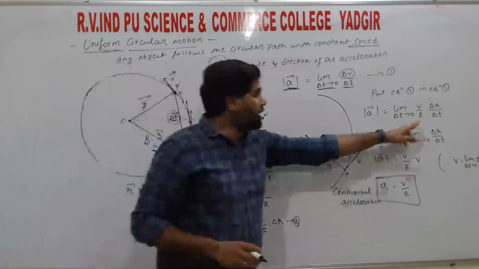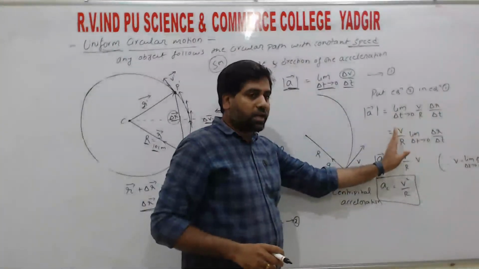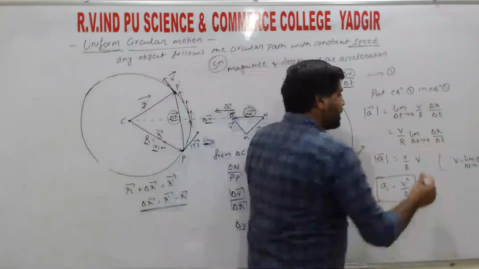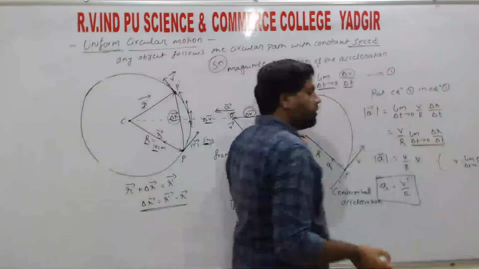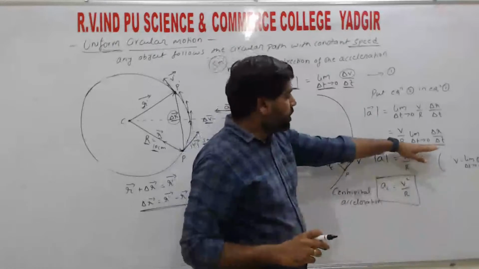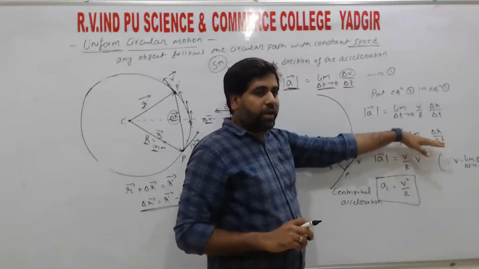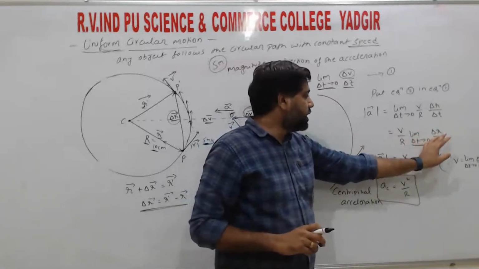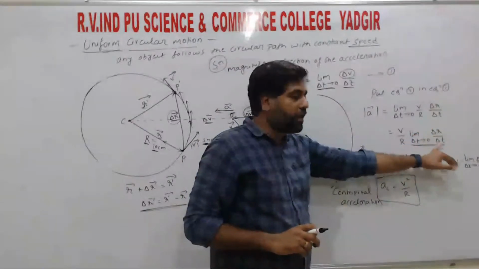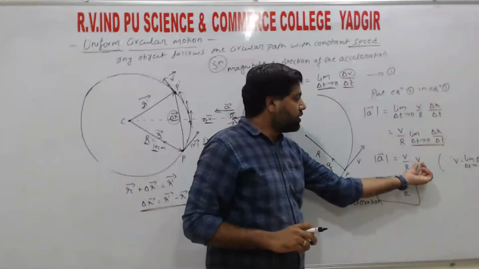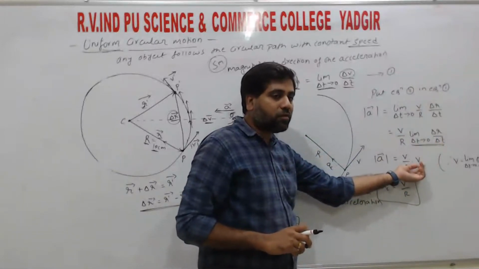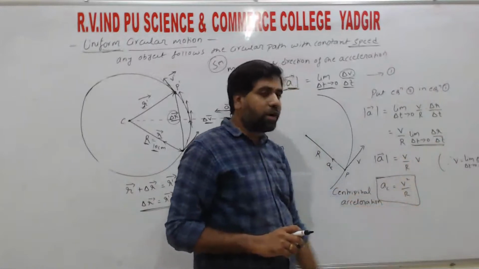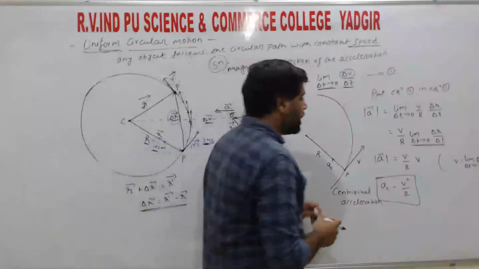So we can take V common outside, so V divided by R. This is from the definition of instantaneous velocity. We have studied one dimensional motion, and two dimensional motion also, right? So in the limit delta t tends to 0, delta R by delta t we can write as velocity. So this gives what? The instantaneous velocity, right? So V into V, we get V square divided by R, right?